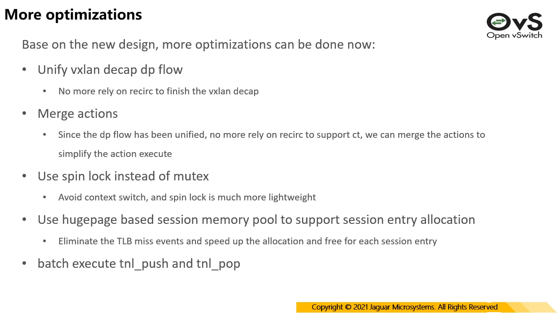And also, we may introduce a memory pool to support fast session entry allocation and free. Use the spin lock to replace the mutex to avoid the context switch, and guarantee the session table can be accessed concurrently. As well, we may execute the tunnel push and tunnel pop actions in batch.